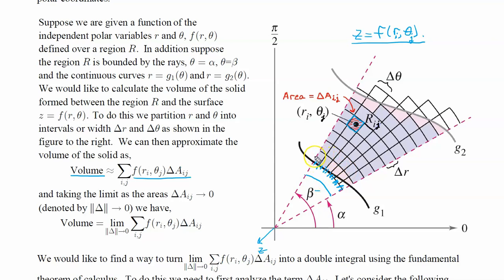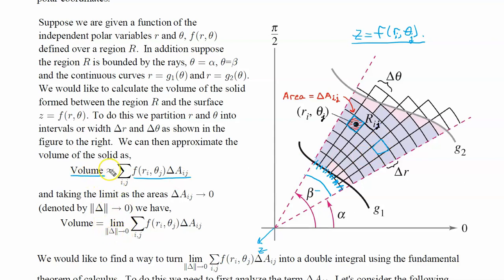And then the i's going with the r's would index from r1, r2, r3, r4, r5, r6, r7, and r8, and it looks like you have an r9 then. Okay, so as you sum up the volume of all of these little columns with these little bases, you'll get an approximation to the volume that you want.